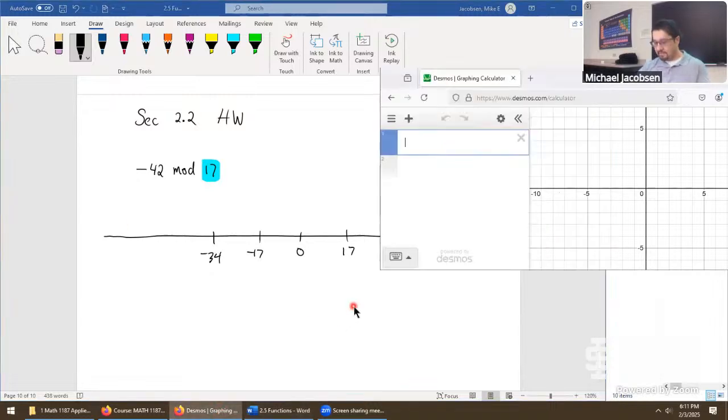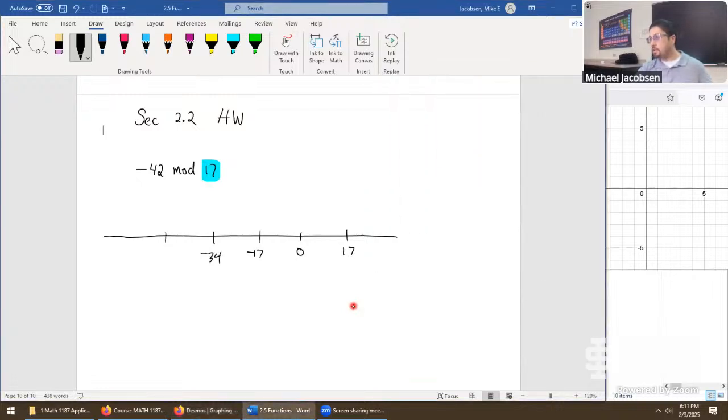Negative 34 minus 17 gets us to negative 51. So we're way out here. The answer to this modular arithmetic is going to be the distance that exceeds its nearest multiple, looks like negative 51.